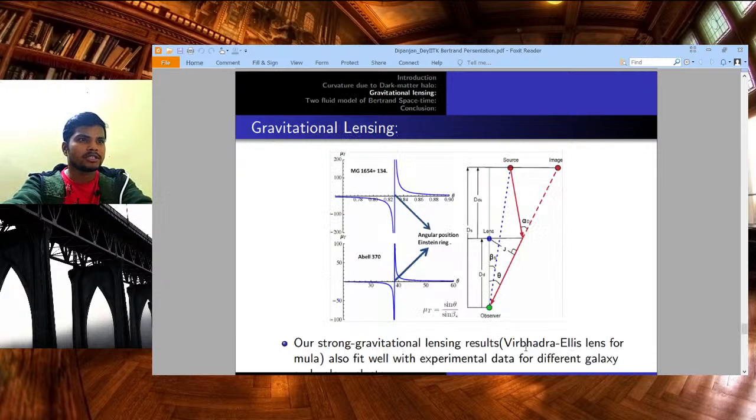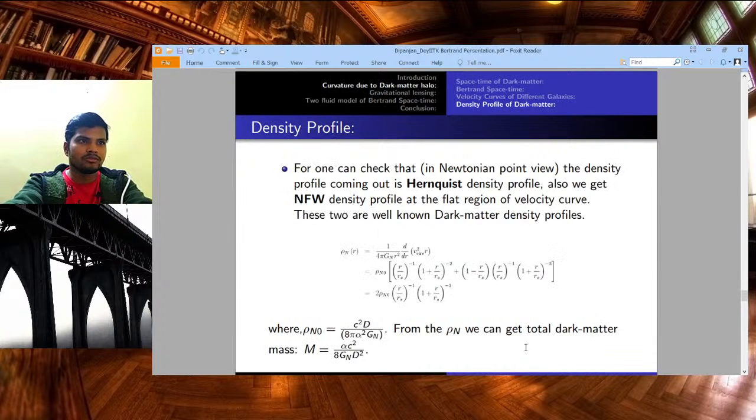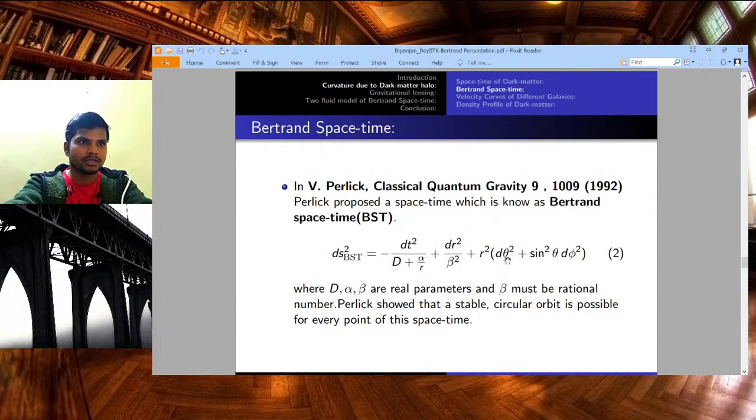So Bertrand space-time enables you to calculate all this, Bertrand space-time, BST, and this space-time was actually proposed by Wollich, a German physicist, in 1992.